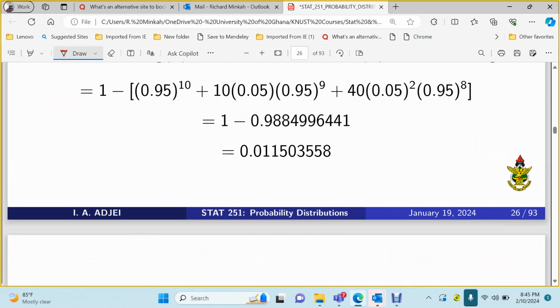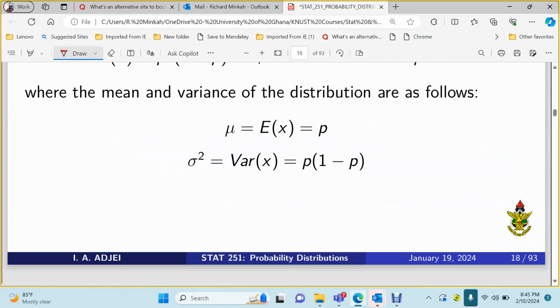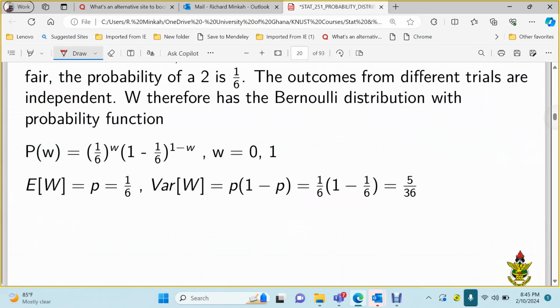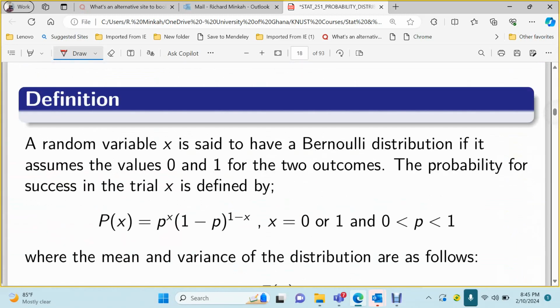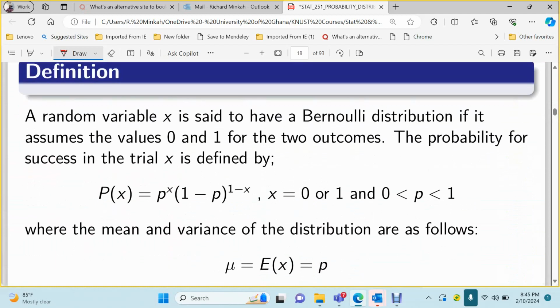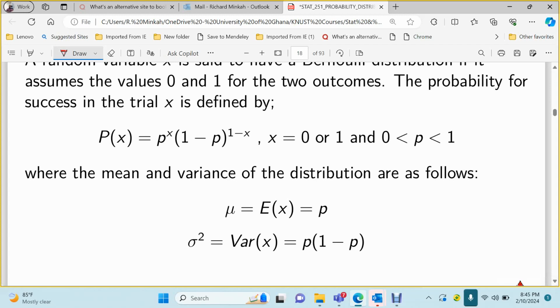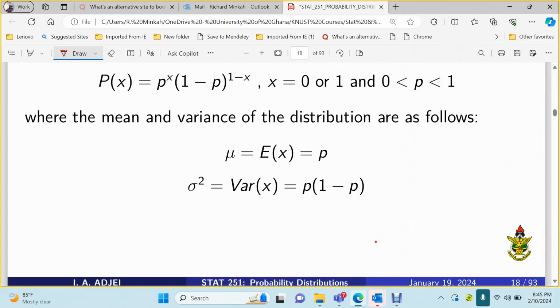If A and B are independent, the probability of their joint occurring is the probability of A times the probability of B. So that's the concept we are using over here.